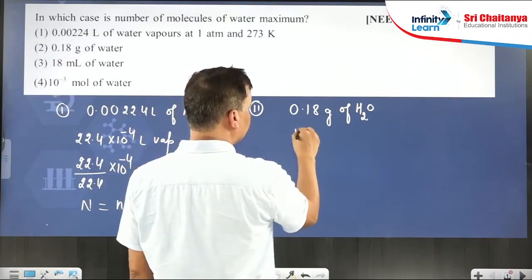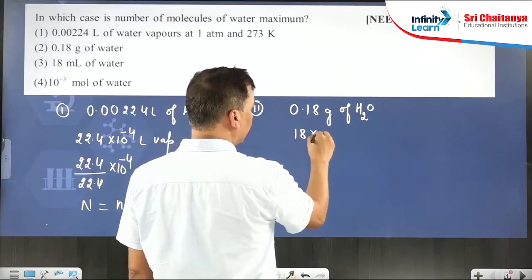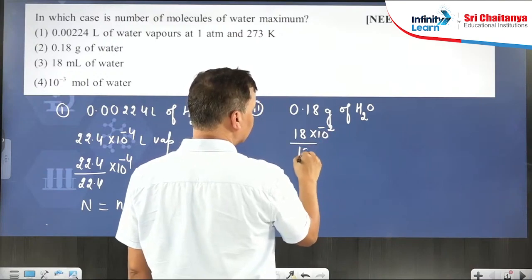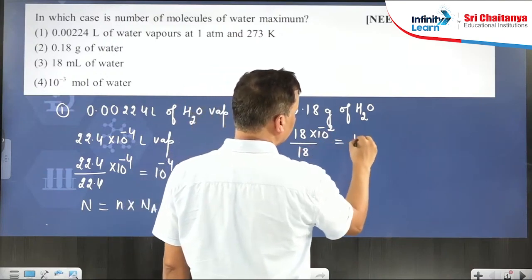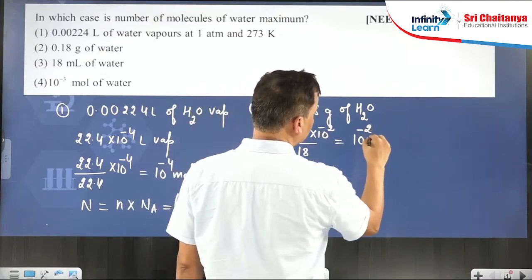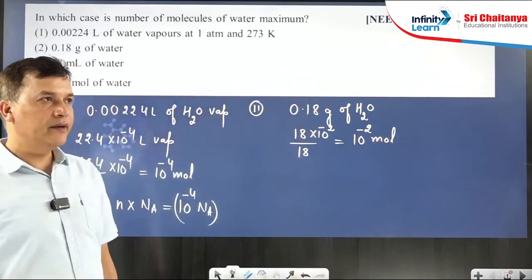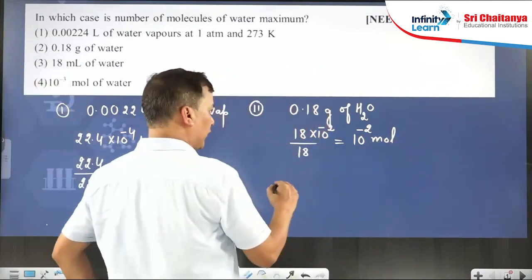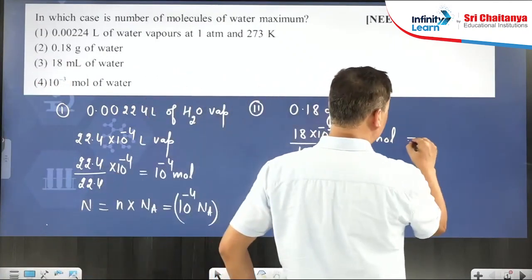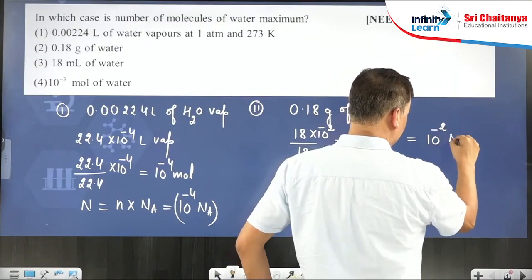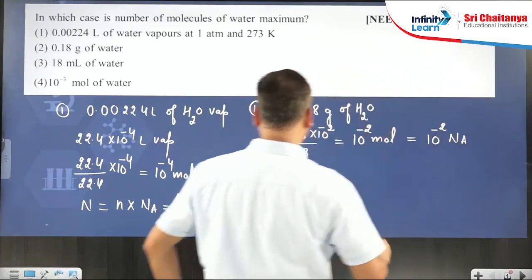That can be written as 18 into 10 raised to power minus 2 divided by molar mass 18. How many moles are there? There are 10 raised to power minus 2 moles of water. Is that clear? We have to find the number of molecules, so the number of molecules is equal to 10 raised to power minus 2 Na water molecules.